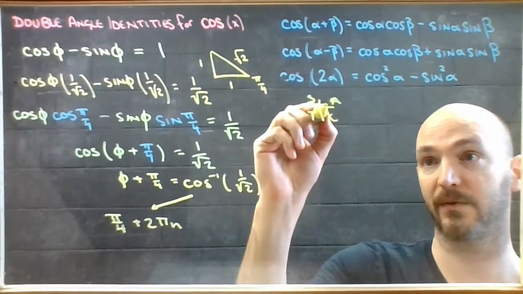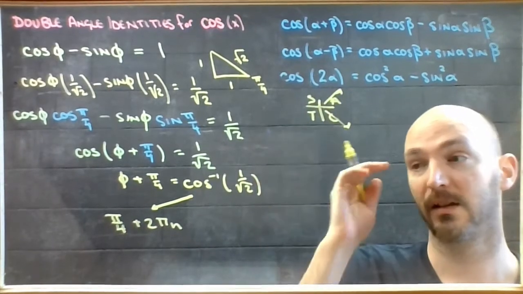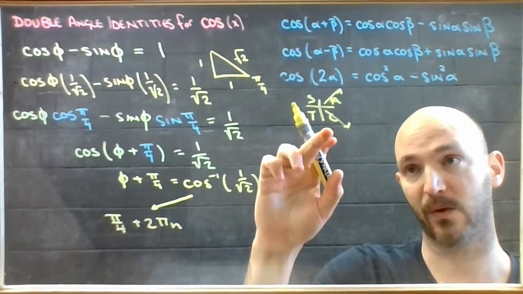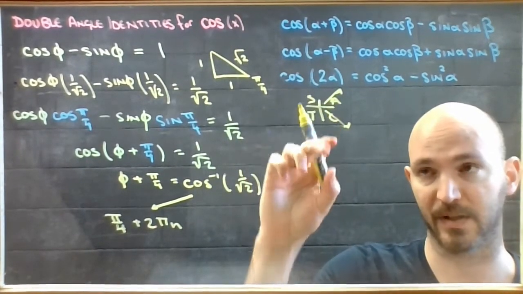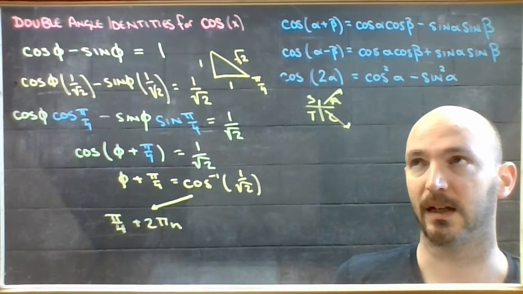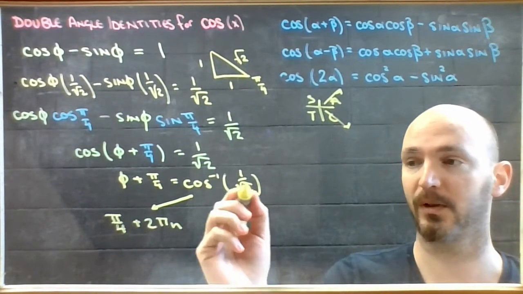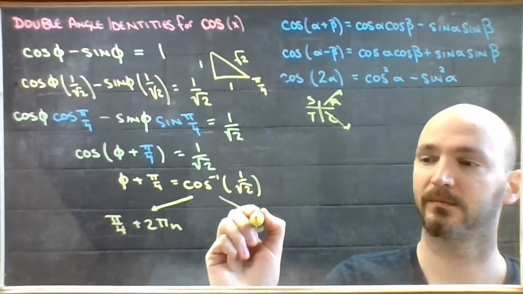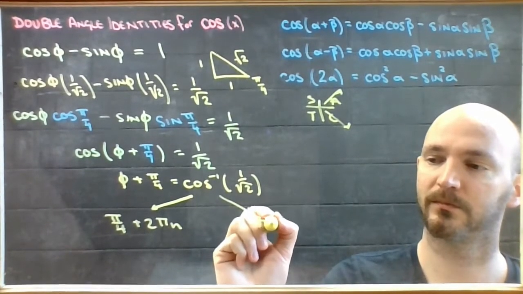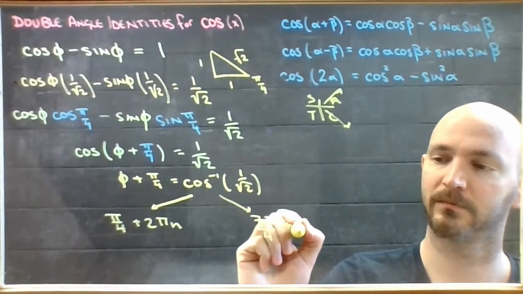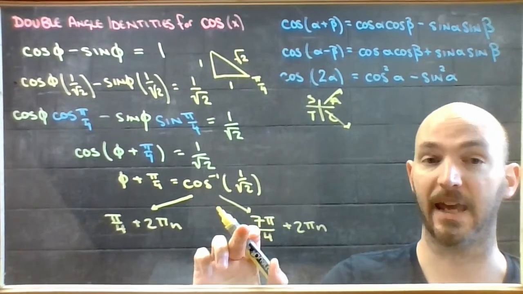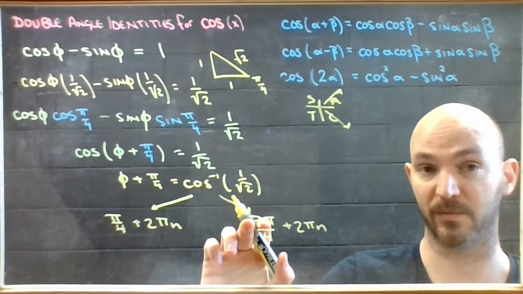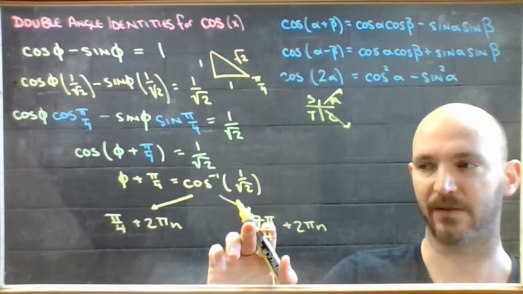Cosines are positive here and here, so I need a pi over 4 family that is in this particular quadrant, the 7 pi over 4. Because 8 pi over 4 would be 2 pi, so I need to be just one shy of that.